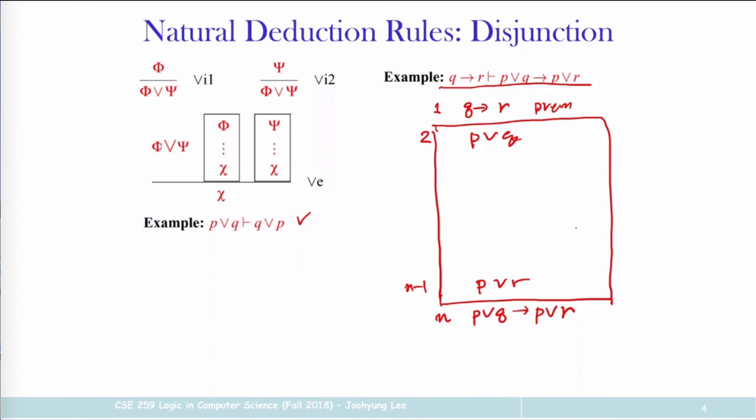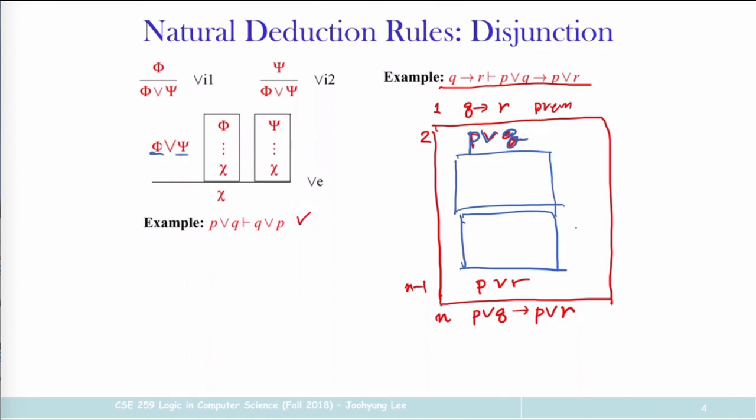I'm going to use line 2 as my case statement. So there are two cases, P is true versus Q is true. I'm actually using phi or psi, so my phi is P and psi is Q. Then I need two boxes, right? So now can you tell me what should be filled in each of the boxes?